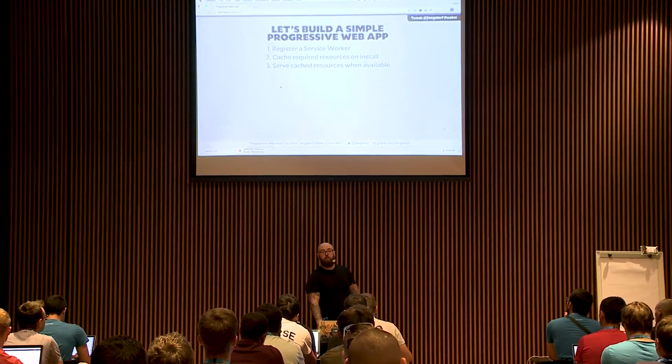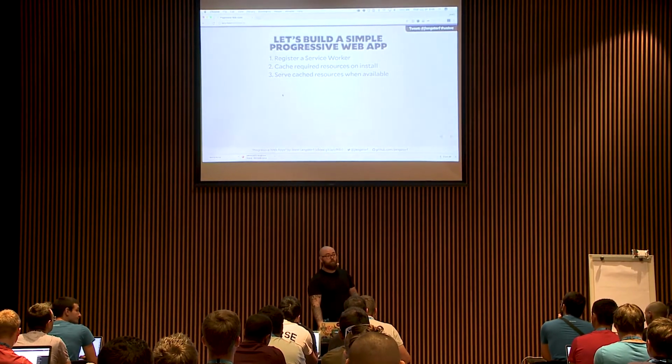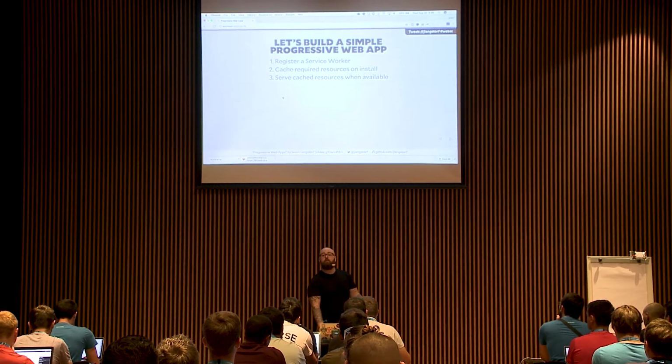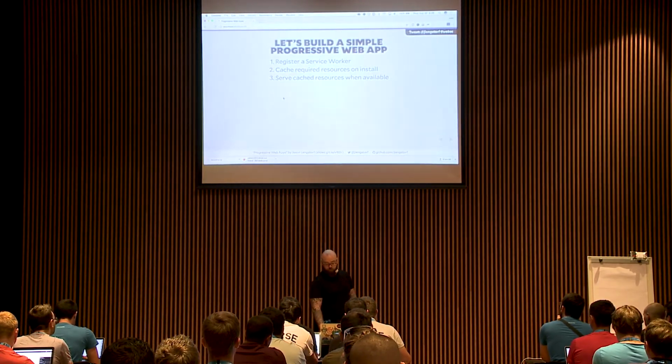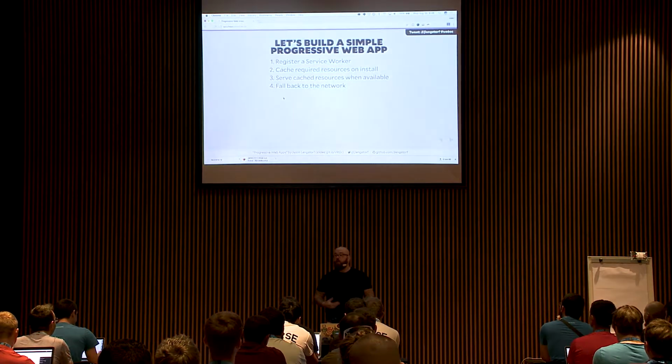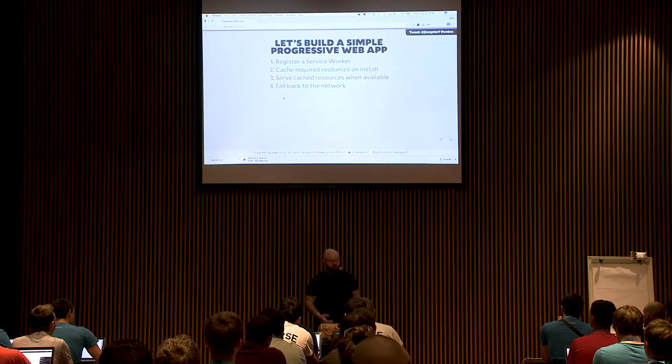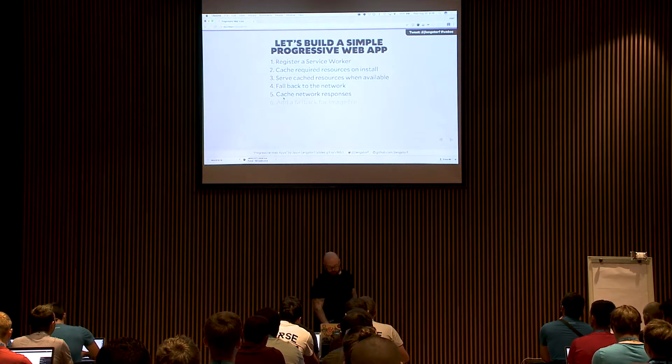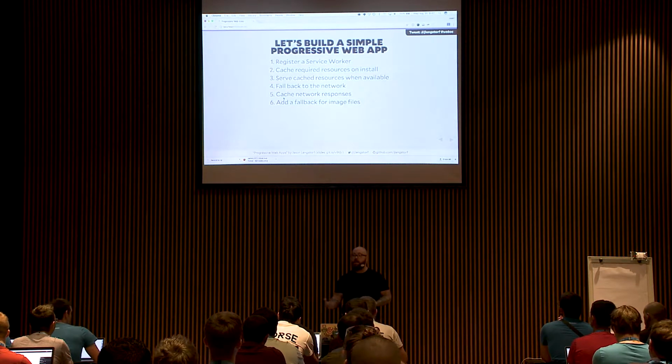So once they download our JavaScript and our HTML once, they'll never have to download it again. The cache will do that for us. We're going to fall back to the network if we don't have a resource in the cache. And once we hit the network, we will cache those responses as well so that we don't have to hit it again. We're also going to add a fallback image in case somebody requests an image that hasn't been loaded while offline. We'll still be able to serve them something.